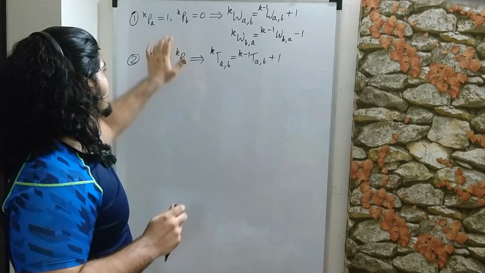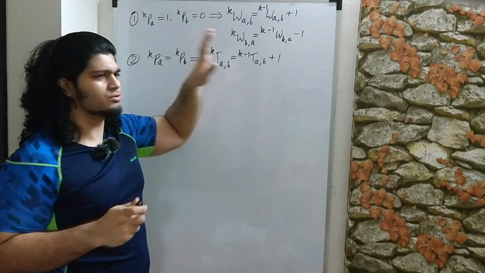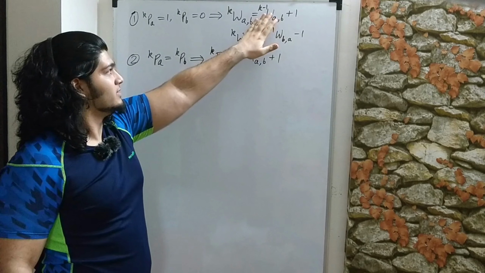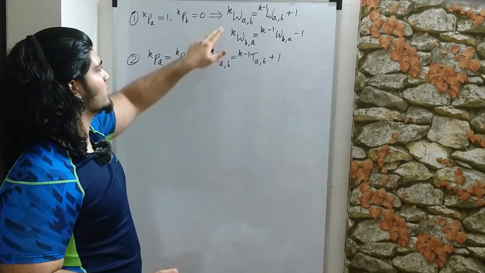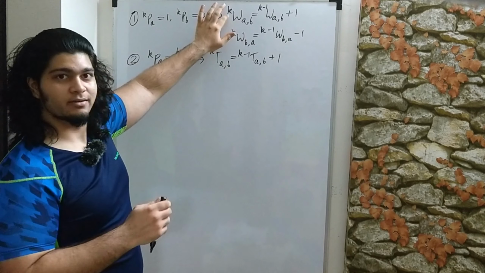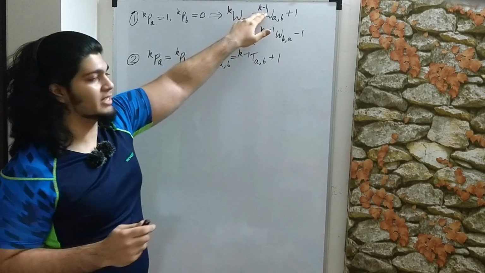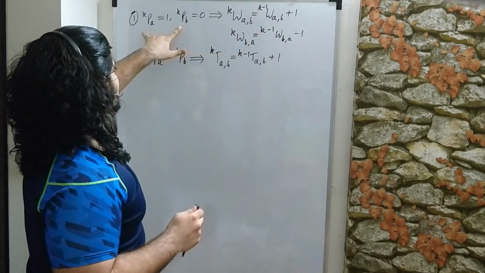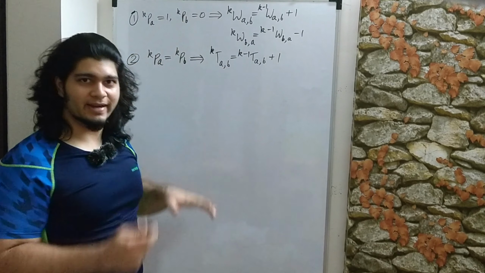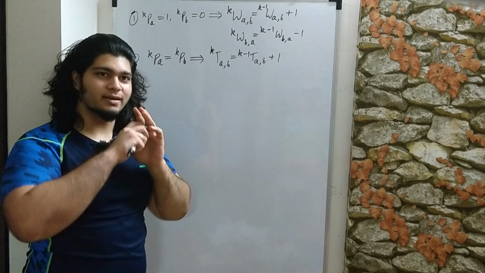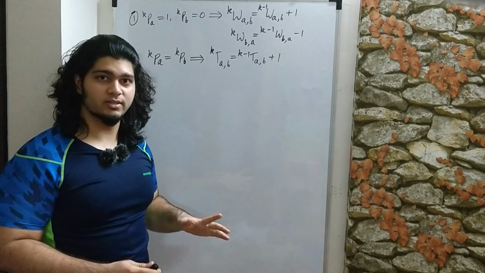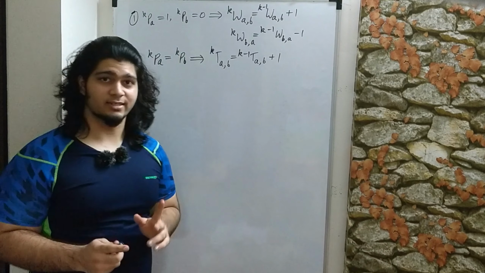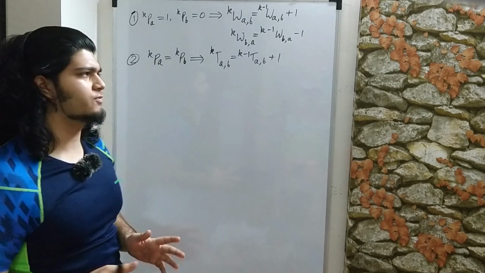But rather than going to this condition and seeing if it's true and then implementing these equations, we'll just find a formula for K, the kth W value, in terms of the K minus 1 W value and these two guys. So we'll find a formula which works irrespective of whether this condition is true or not. Even if it's false, the formula should work. So how do we come up with that formula?